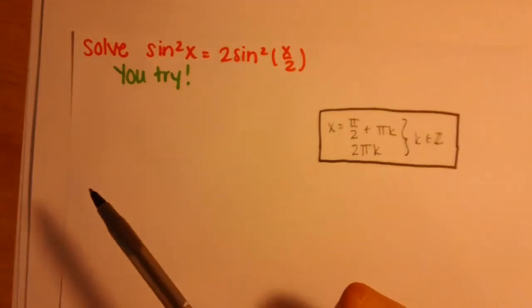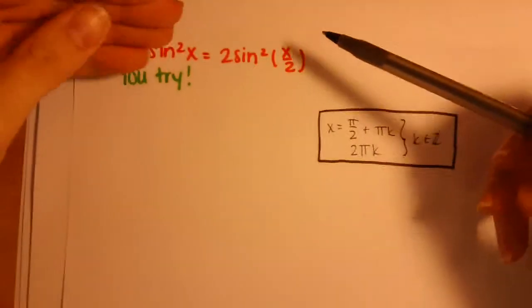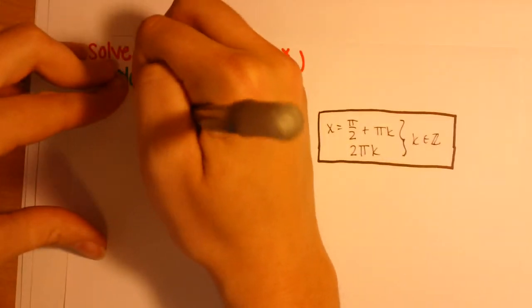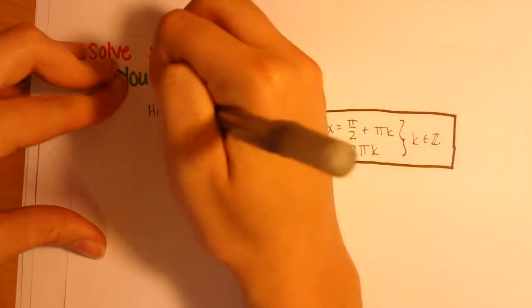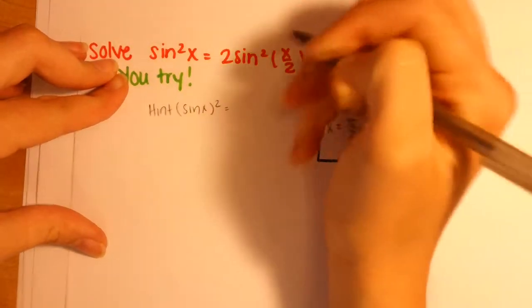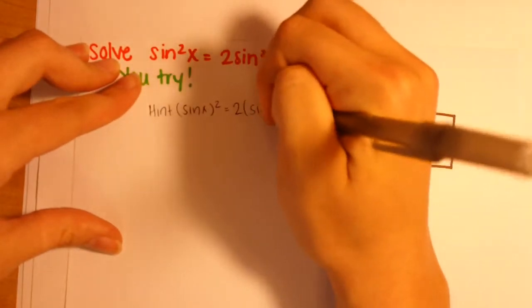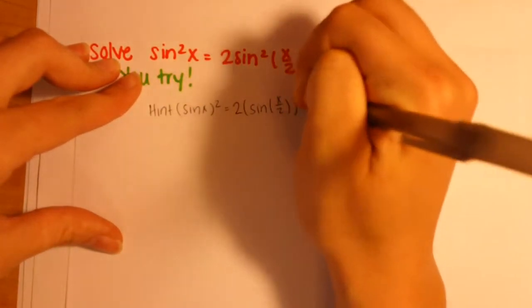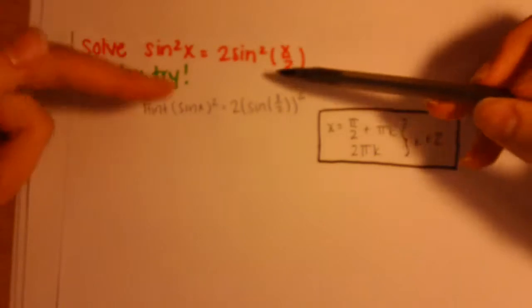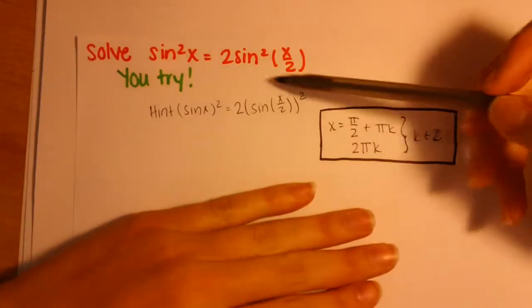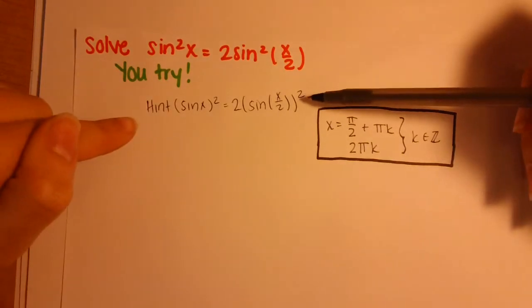You'll be able to just substitute it in, because you can also write this as sine of x squared equals 2 times sine of x over 2 squared. So remember that these can be written, these mean the same thing.